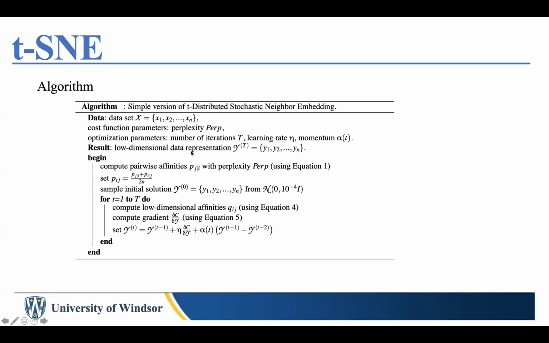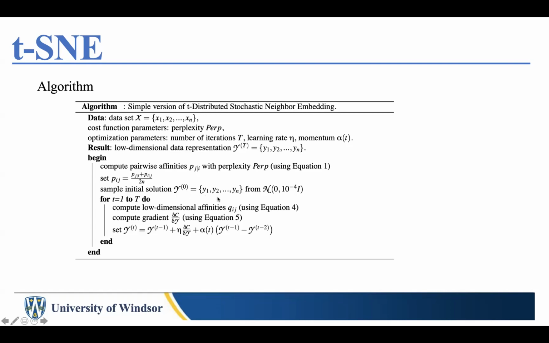In the first step, it will compute the similarity in the high-dimensional space with a user-defined perplexity using Shannon entropy. Then calculate the joint probability Pij. After that, it will use random walk to initialize the data points in the low-dimensional space. We call it the initial solution.